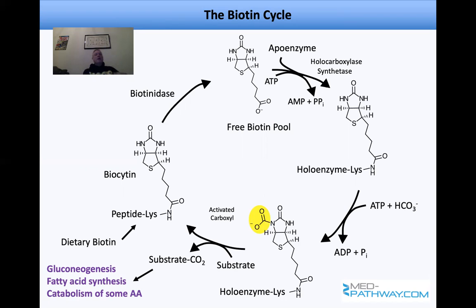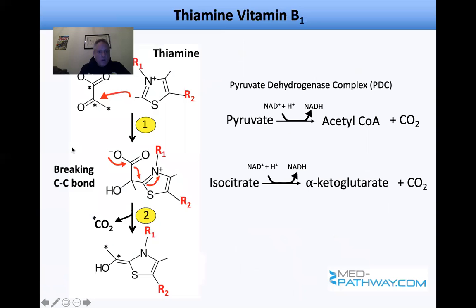And so once the biotin has been activated and donated its carboxyl group, then what happens, it gets reconverted into the free biotin pool. And at this point, dietary biotin that you may have consumed is also integrated into this step here. And this generates biocytin, and biocytin is hydrolyzed back into the free biotin pool by biotinidase. As you can imagine, it hydrolyzes this peptide bond there.